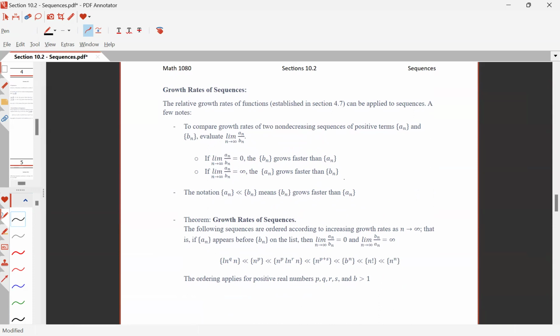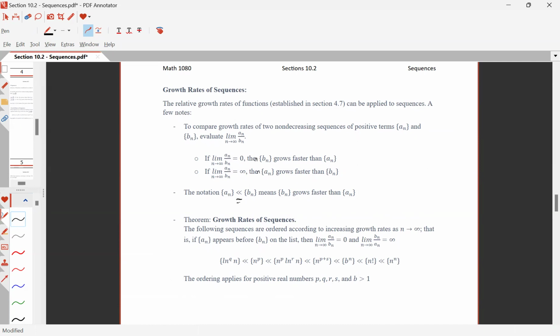So a few notes. We know for a fact that if the limit as n goes to infinity of a sub n over b sub n equals 0, then b sub n grows faster than a sub n. And if the limit equals infinity, then a sub n grows faster than b sub n. We use this double less than sign to say that b sub n grows faster than a sub n.